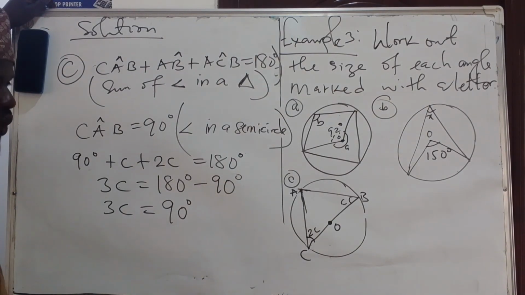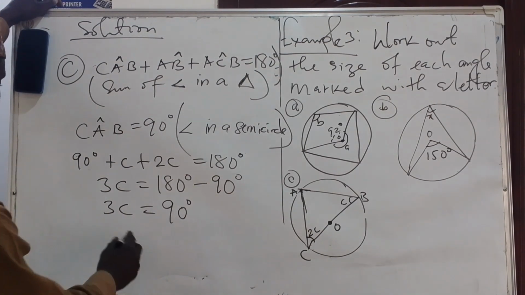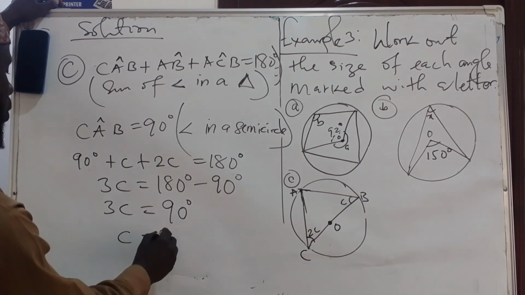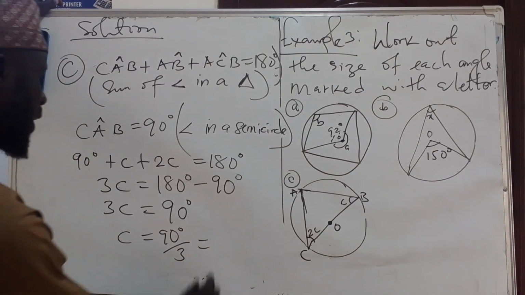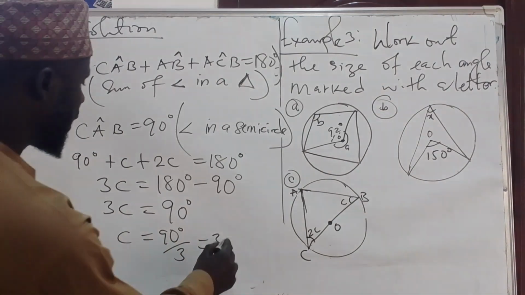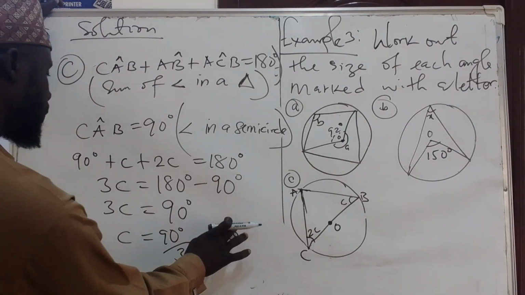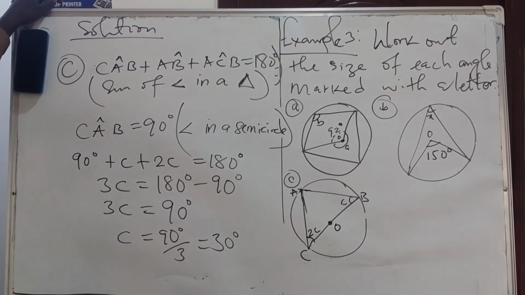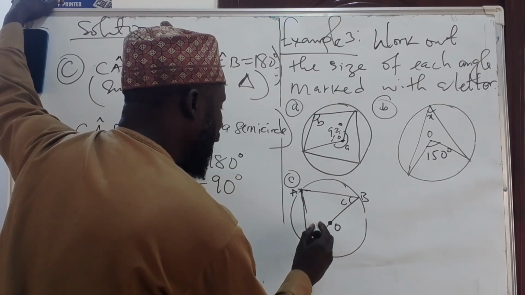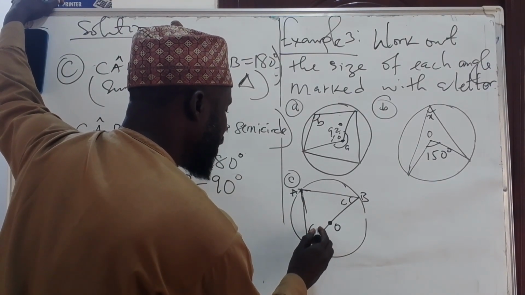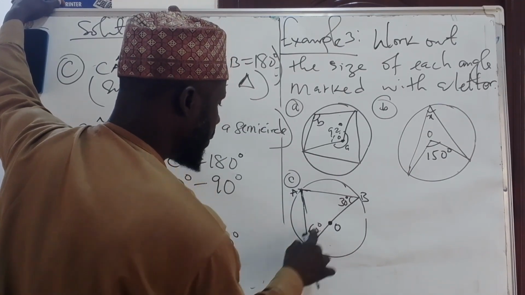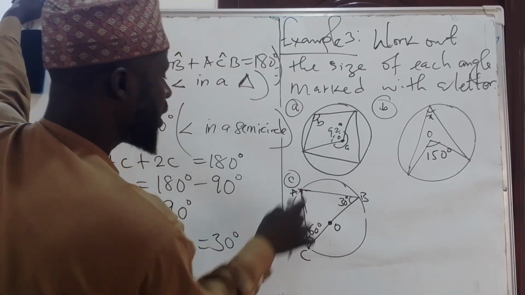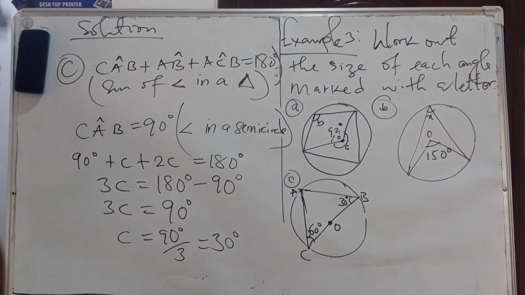So dividing both sides by 3, you have C is equal to 90 degrees divided by 3. 90 divided by 3, that will be 30 degrees. So that C is 30 degrees. So here will be 60 degrees, and here will be 30 degrees. So that 60 plus 30 is 90. 90 plus 90, you have 180 degrees, exactly the sum of angles in a triangle.